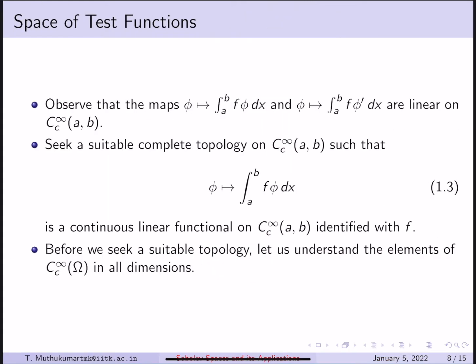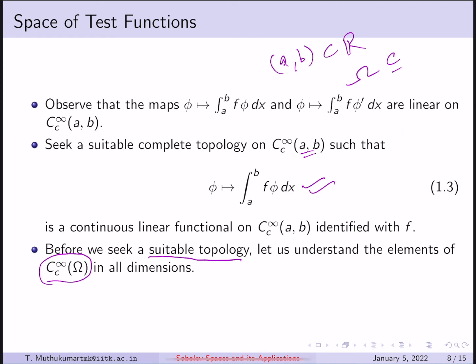So before we seek a suitable topology which will make this linear functional continuous, what are the elements of this set? So far I have been working with AB, now I have jumped into all dimensions. So AB was an interval in R, right? Now omega is an open set in the Euclidean space Rn, right?